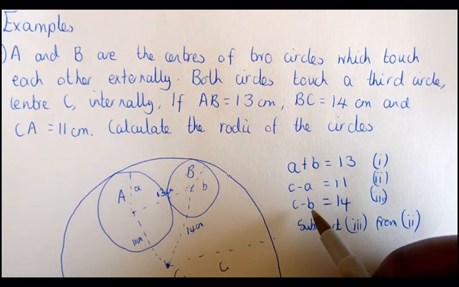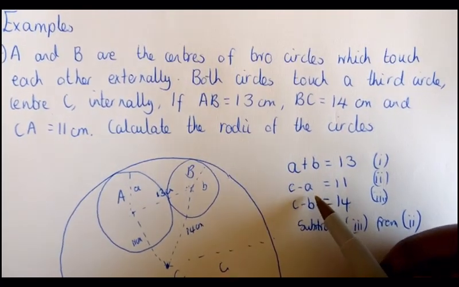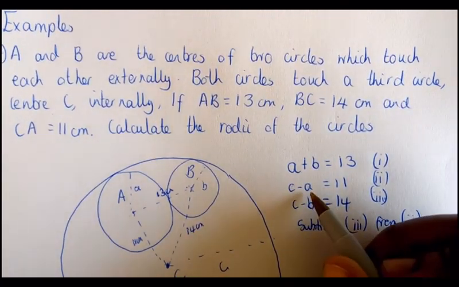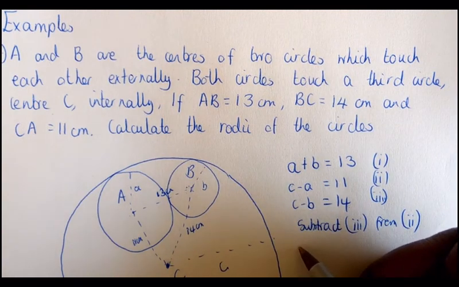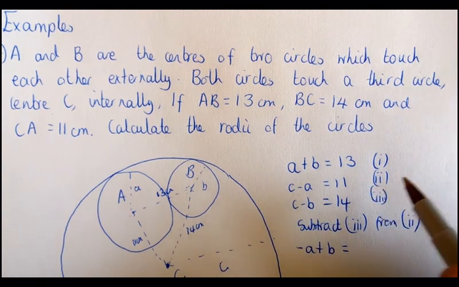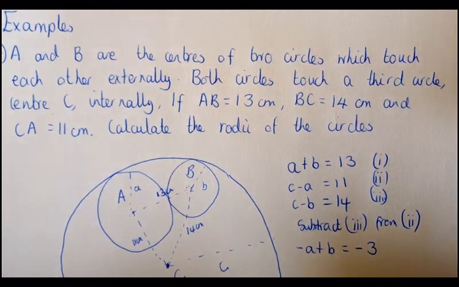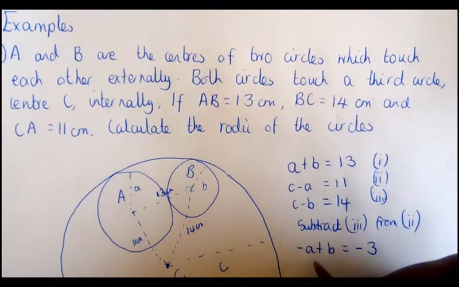So c minus c, then minus a minus b is minus a plus b, which is equal to 11 minus 14. This is equal to negative 3.